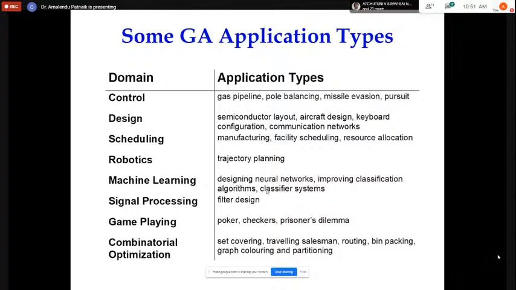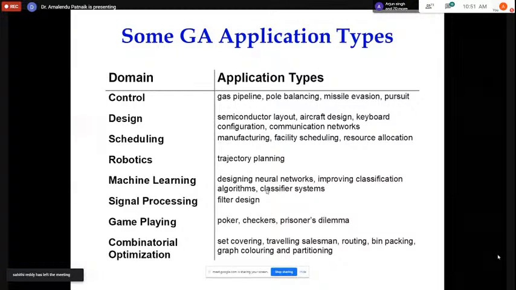A lot of application has been done in signal processing. Nowadays, people are applying this to robotics, control system engineering. So in almost all branches of engineering, you will find the application of these metaheuristics.